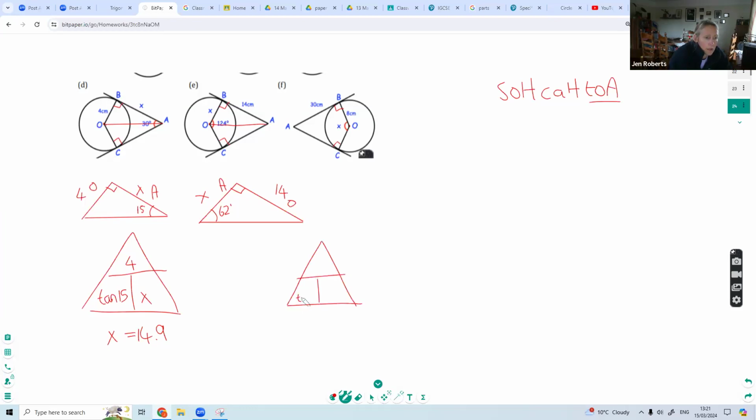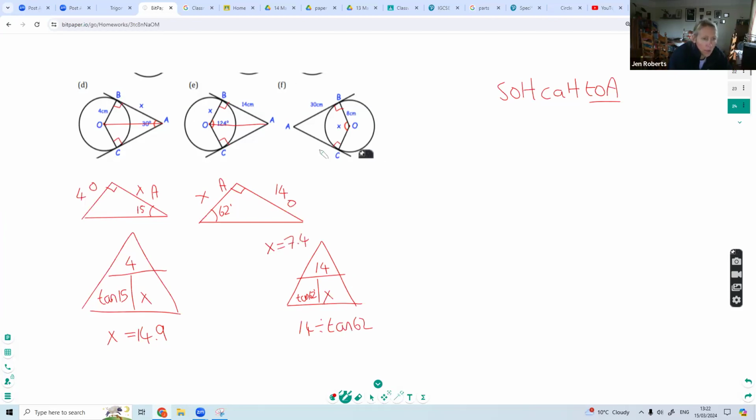Tan 62. Opposite is 14, goes at the top. Adjacent is x, goes at the bottom. So we're going to divide, aren't we? 14 divided by tan 62 gives us our x is 7.44.